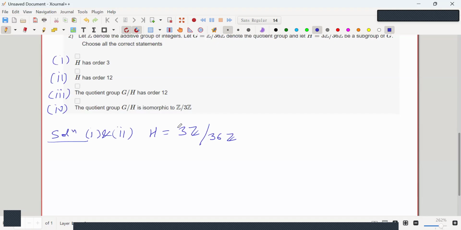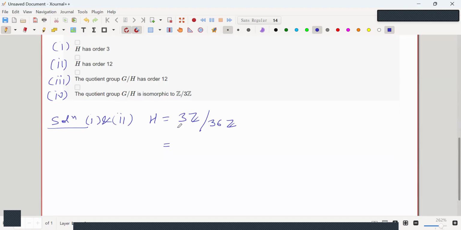With the same split, here the elements would be the collection of all a plus 36Z, where a belongs to the modulo classes of 36.